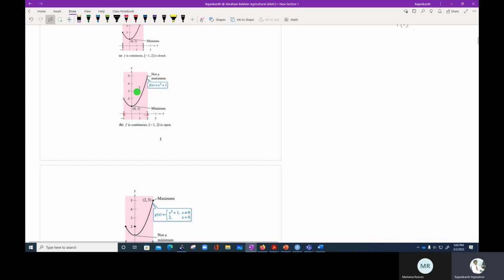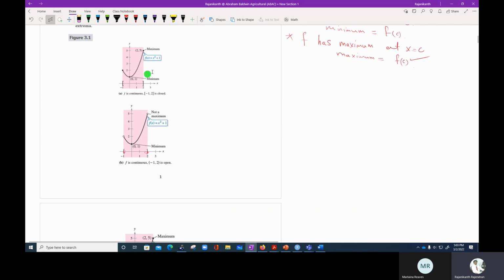Therefore, the function has no max, but the function has a minimum here. This is the minimum value, the function is defined at this point, and the minimum value is 1. That makes sense, right? The function is continuous in the first case on a closed interval, and in the second case, the function is continuous on an open interval.